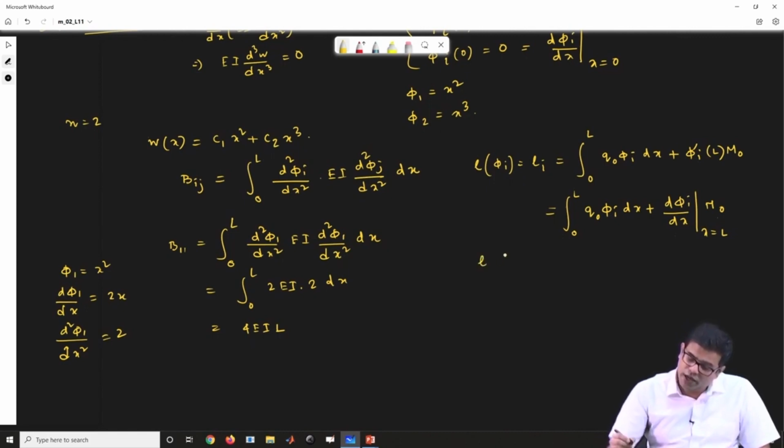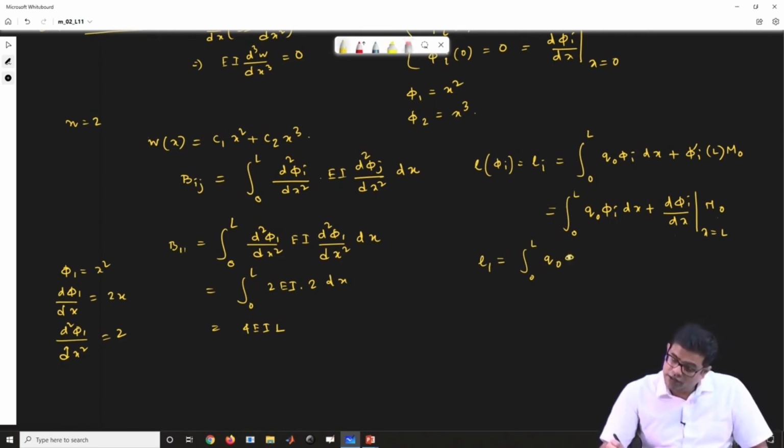So L1 is integral 0 to L Q0 phi 1, where phi 1 is x square. Okay, let me write it so that you understand. Phi 1 dx plus d phi 1 by dx at x equals L into M0.